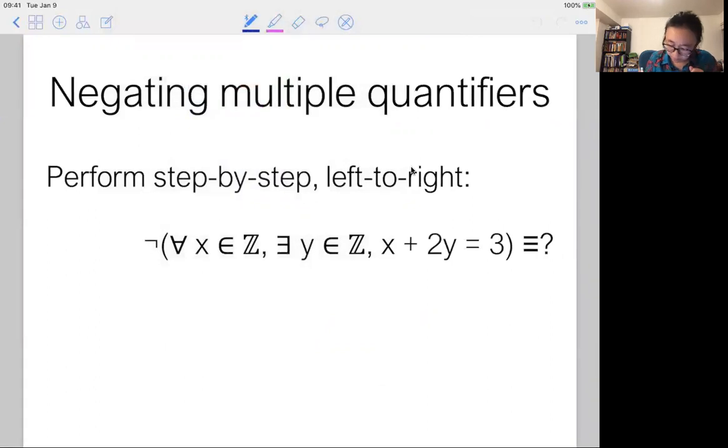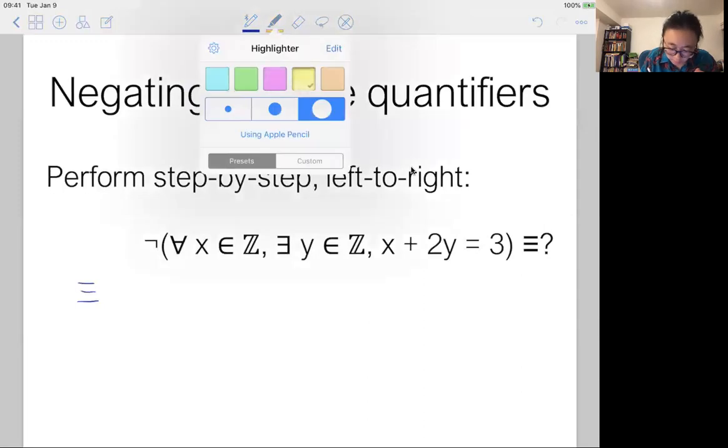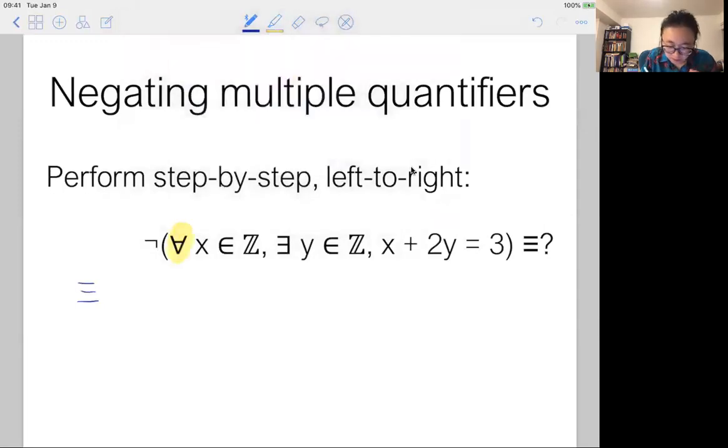So the first step is bringing this negation inside the first term. Because I see a for all term, this becomes an existence term. Now I have flipped the first symbol here, but I'm going to do it gradually, so I have not dealt with the rest of it.